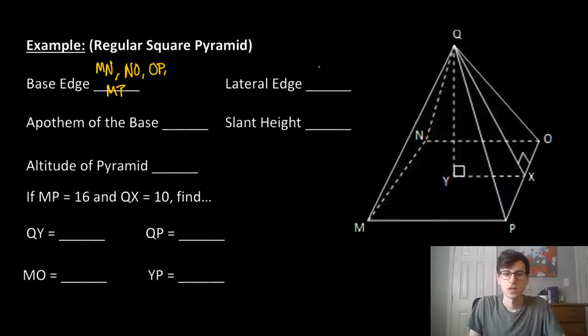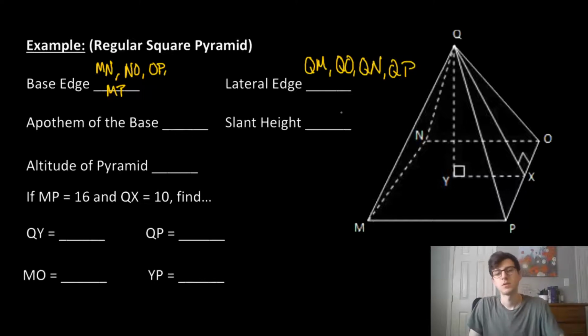So that would be like QM and, well, let's leave it orange actually. That'd be like QM and QO and QN and QP. All of those would be lateral edges.